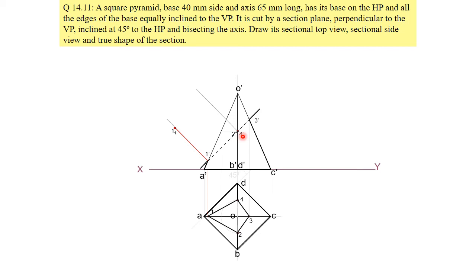Similarly, draw one more from 2 dash and 4 dash, and mark the distance from the XY line to 4 and the XY line to 2 in the top view. From here mark 2 over here and 4 over here.